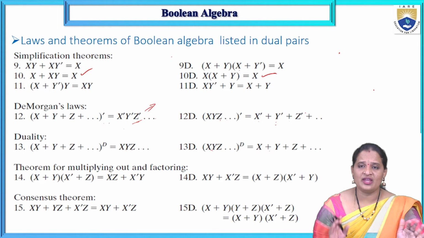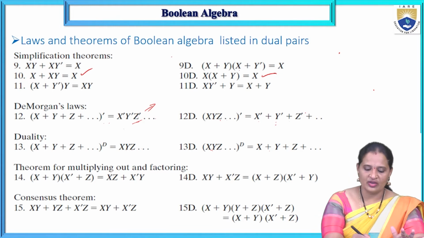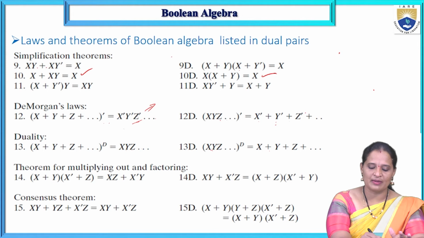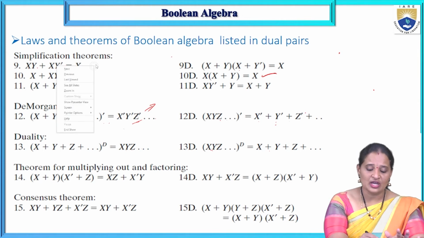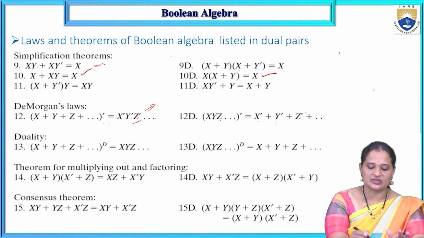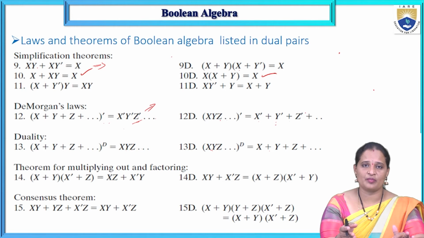So every theorem and every law in Boolean algebra obeys the duality property. What does it mean here? If you consider this one, xy plus xy complement is equal to x, right? Now how can I find the dual of this expression? Just changing the plus operator to dot operator and dot operator to plus operator, but the variable will not be complemented.